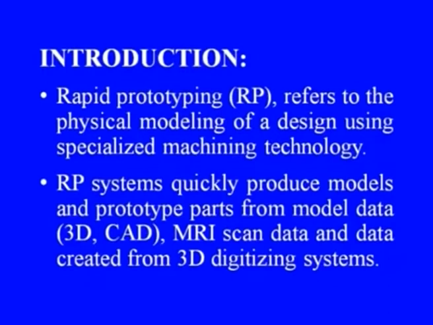Rapid prototyping refers to physical modeling of a design using specialized machining technology. Rapid systems quickly produce models and prototype parts from model data, maybe 3D model, CAD model, MRI scan data and data created from 3D digitizing systems.